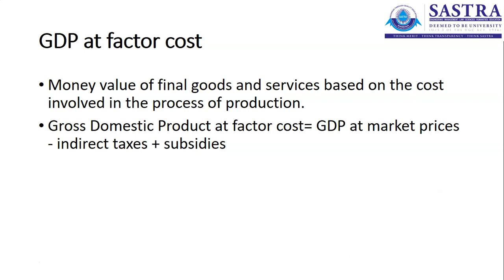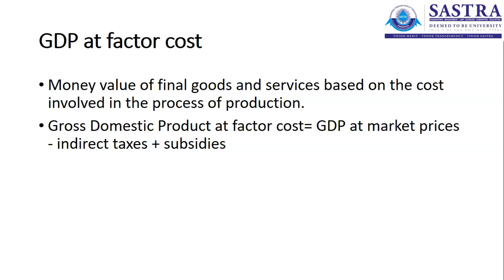So the gross domestic product at factor cost is calculated on the basis of gross domestic product at market price minus indirect taxes plus subsidies. Together it is calculated at factor cost. It means at the production cost, the cost at which the producer is going to give the product to the end consumer.